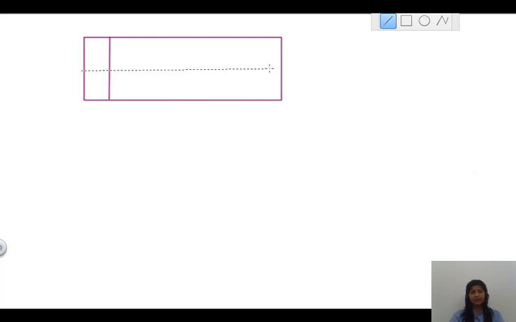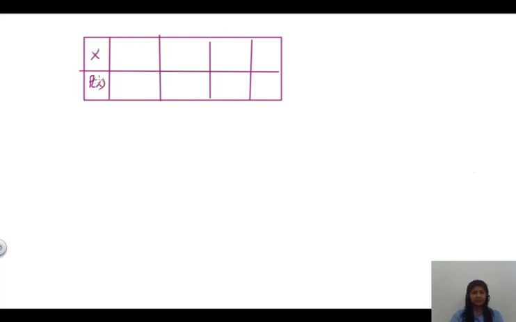We'll write all the probabilities here. So we had x and p(x). I'm doing this for variance. The values are 0, 1, 2, 3, and the probabilities were 1 by 8, 3 by 8, 3 by 8, and 1 by 8.